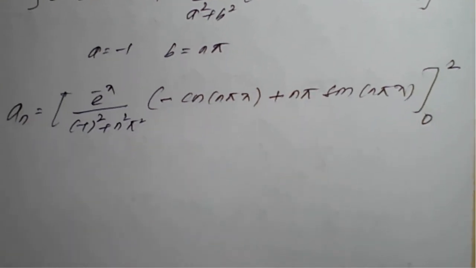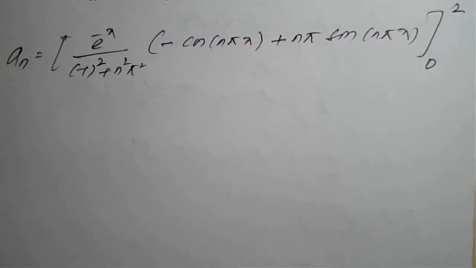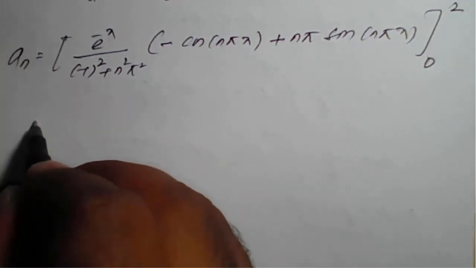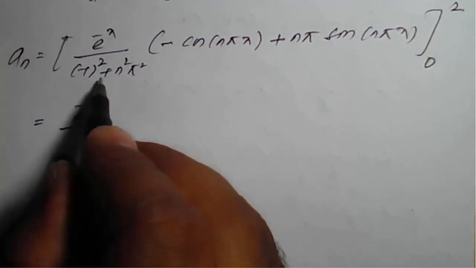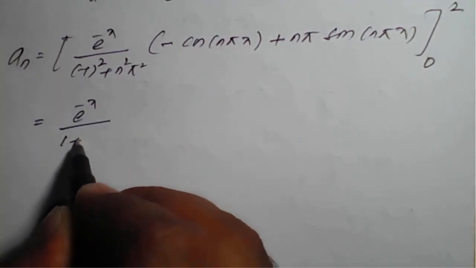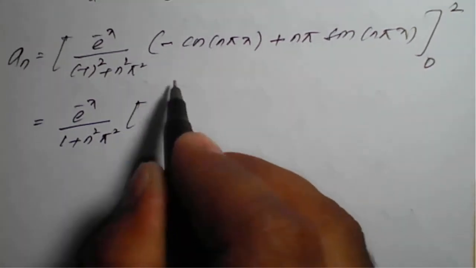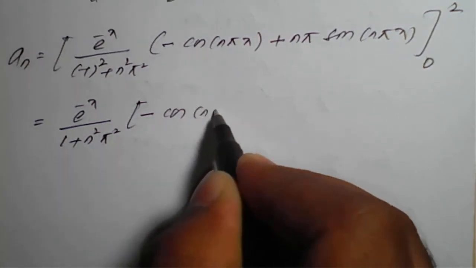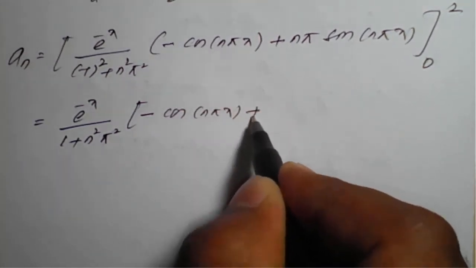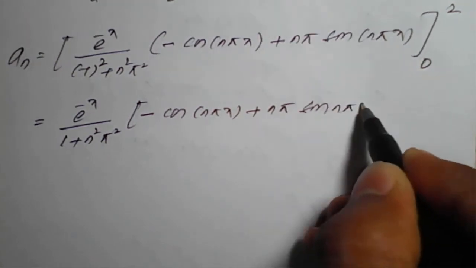Once we applied this, we'll go for the simplification now. So what is the simplification? On simplification, e raised to minus x divided by, so minus 1 square is 1, so 1 plus n square pi square into, so this will remain minus cos of n pi x plus n pi into sine of n pi x.